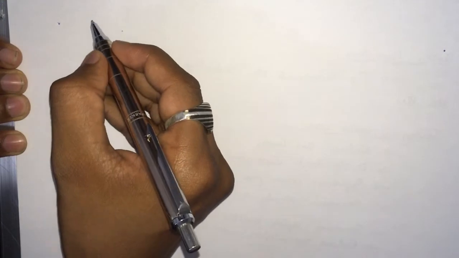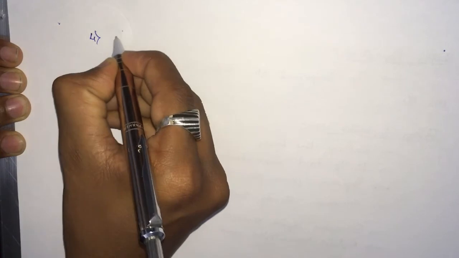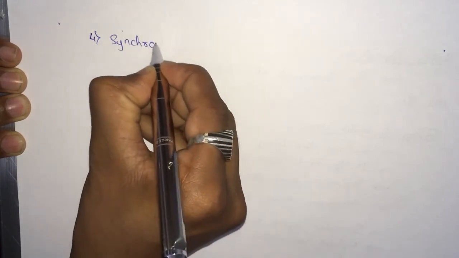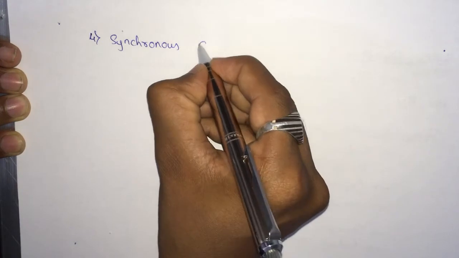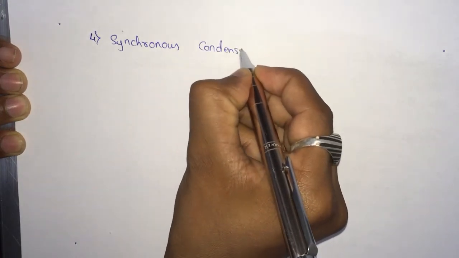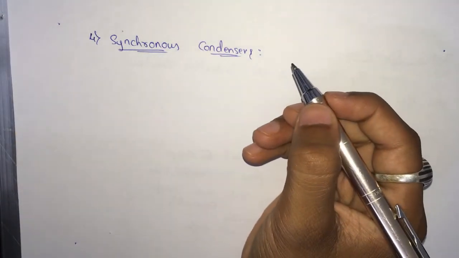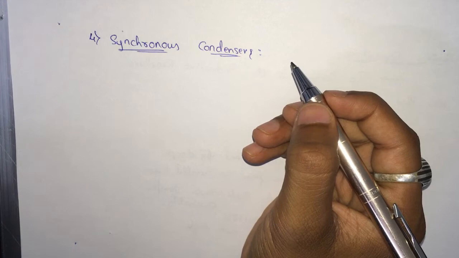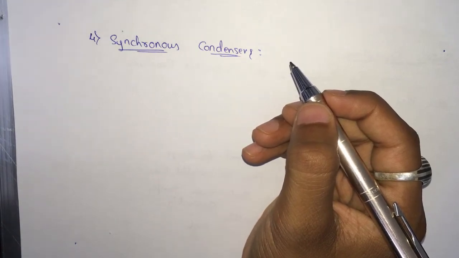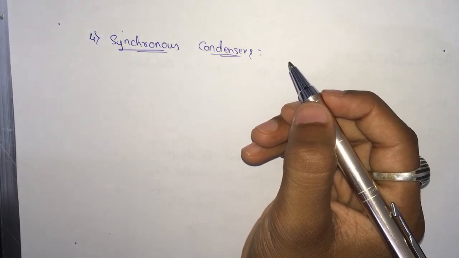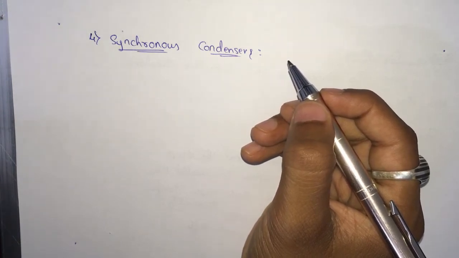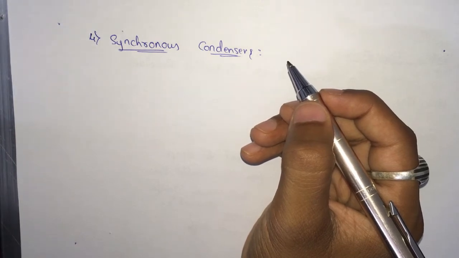Let us see how a synchronous condenser deals with reactive power injection. These synchronous condensers are nothing but synchronous machines running with no load, or running without a prime mover. We can also call it a synchronous motor running with no load.